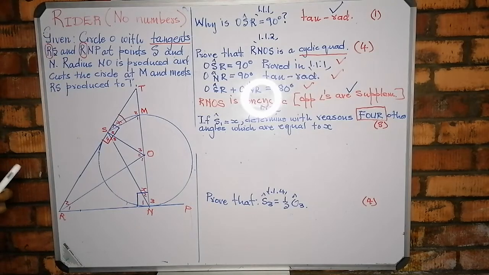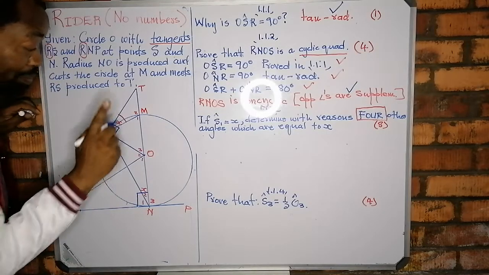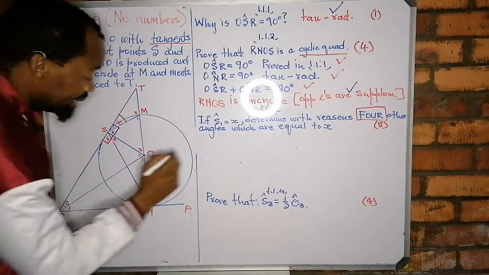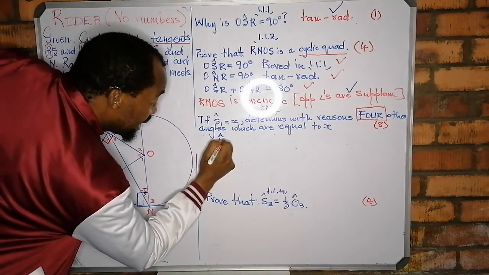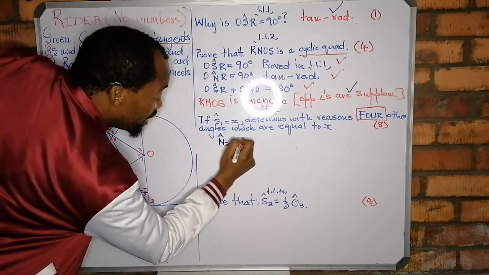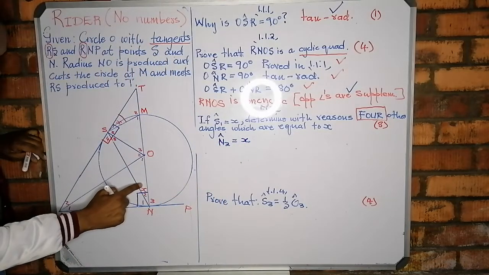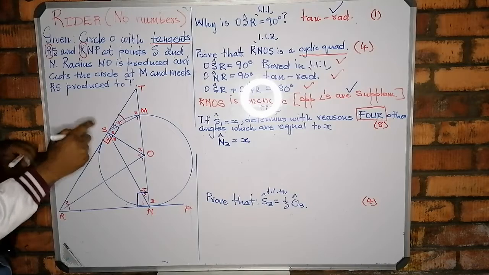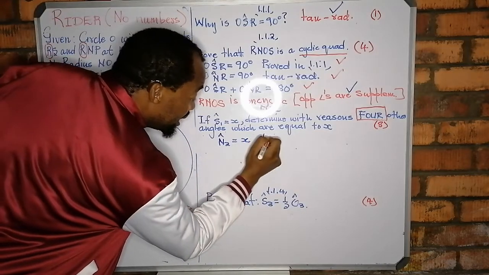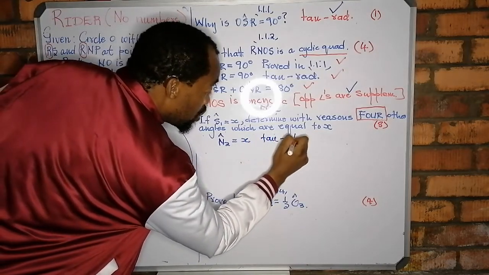Beautiful. My first angle is angle N2. It is equal to X. Why? Angle N2 is equal to angle S1. What is my reason? Tan chord.